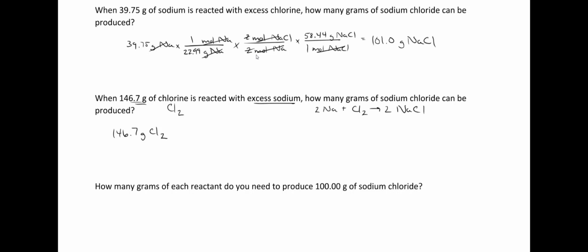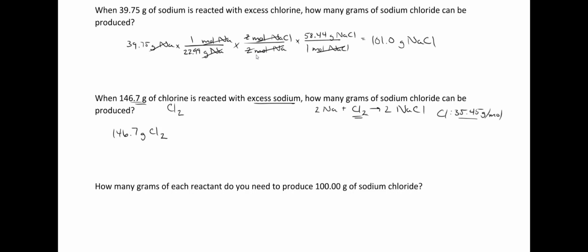As before, we need to go from grams to moles, but the molar mass of chlorine is different. On the periodic table, it will tell you that chlorine has a molar mass of 35.45 grams per mole. But chlorine is a diatomic molecule, and that means we need to multiply the molar mass by 2.